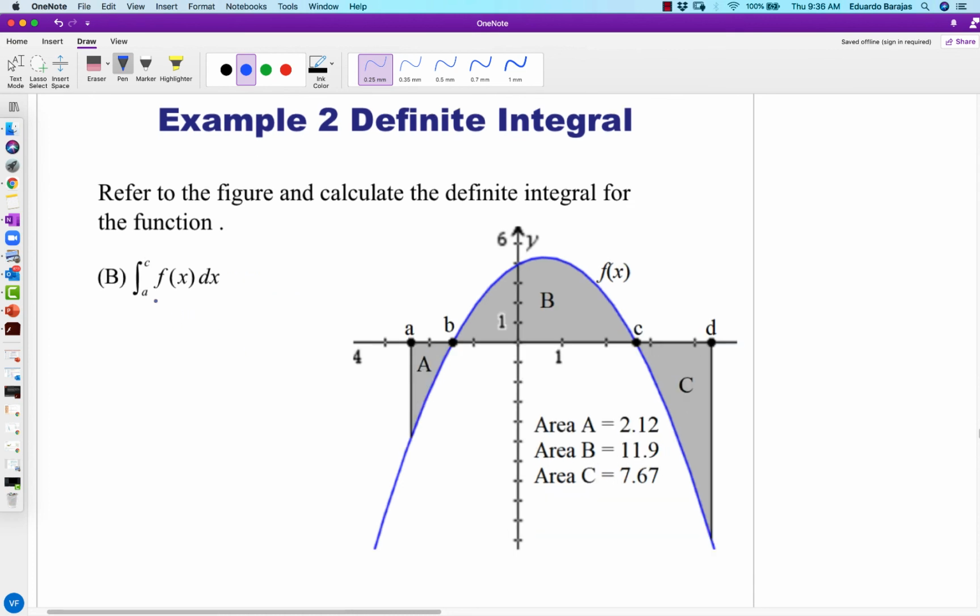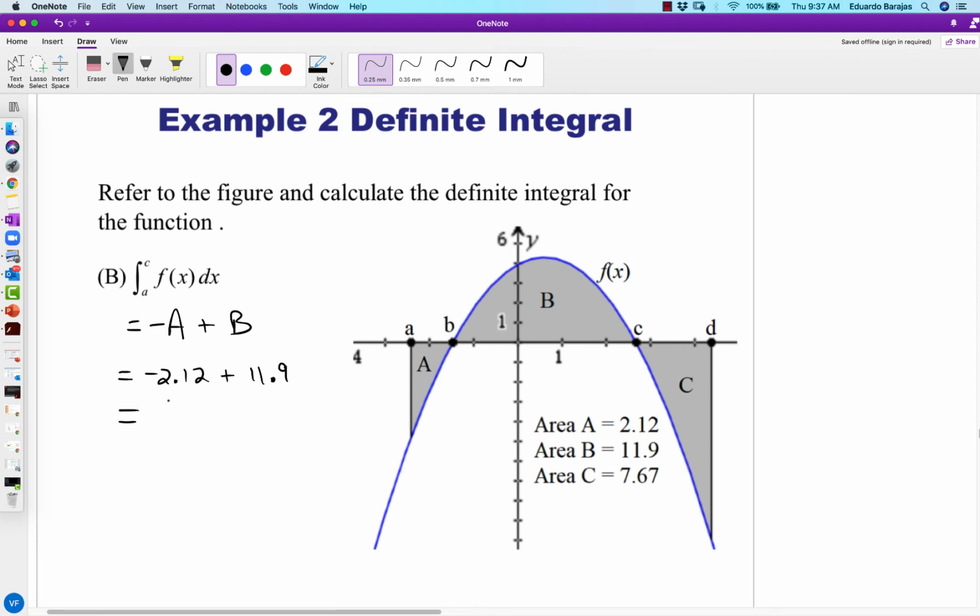Now if we're asked to find the integral from a to c, that would be from here, a, all the way out to c, that would be both the area of b, which is positive, and then plus area a times a negative because it's below the x-axis. So this is equivalent to negative area A plus B, which would be negative 2.12 plus 11.9.